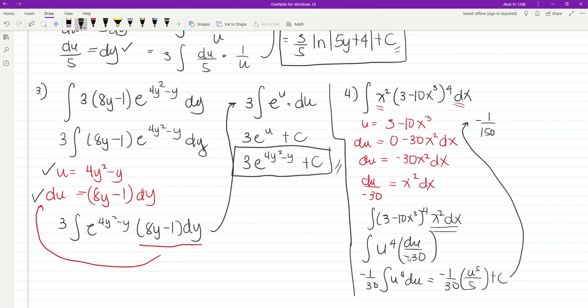And then we have u raised to 5. But again, we need to substitute it back to its original variable. So we have this u raised to 5 becomes 3 minus 10x cubed raised to 5 plus c. And this should be our final answer for this problem.